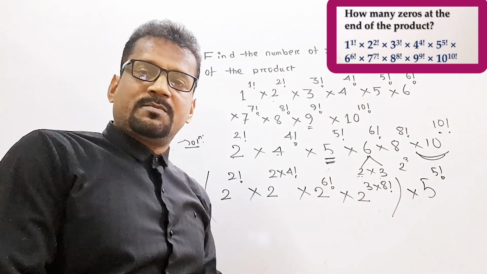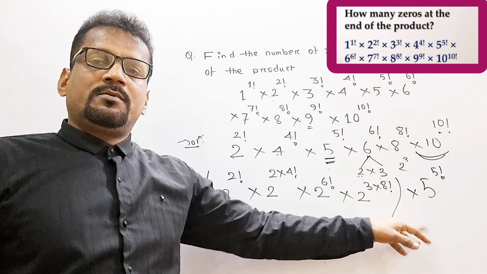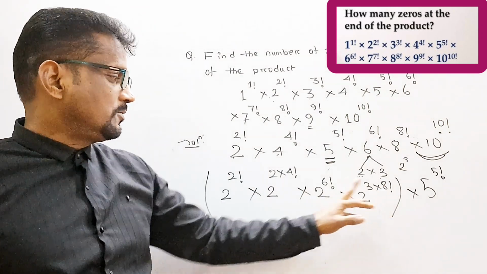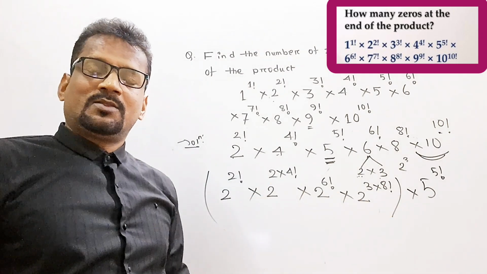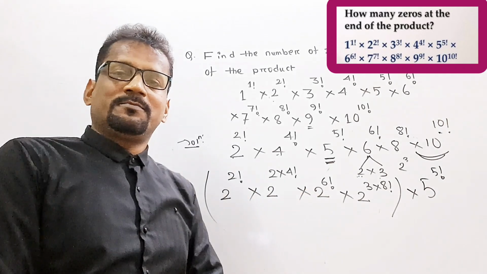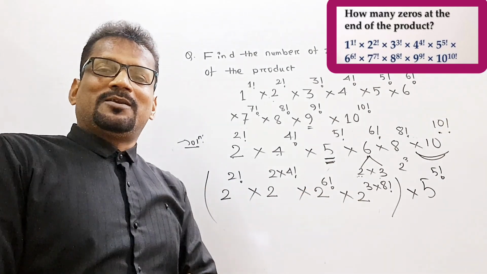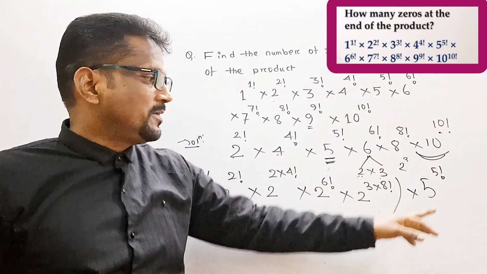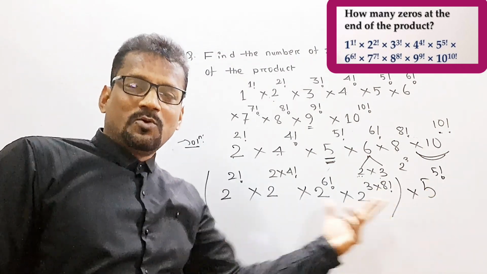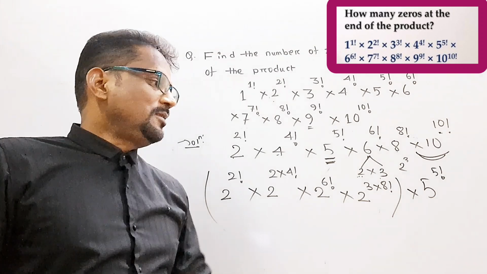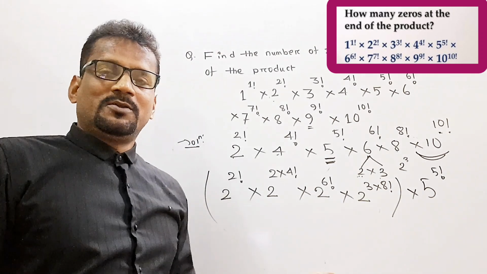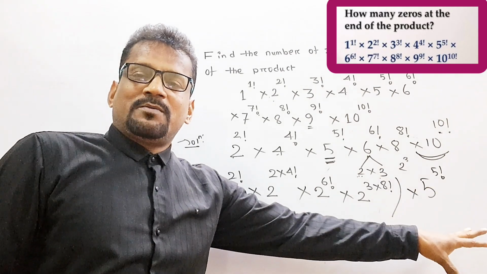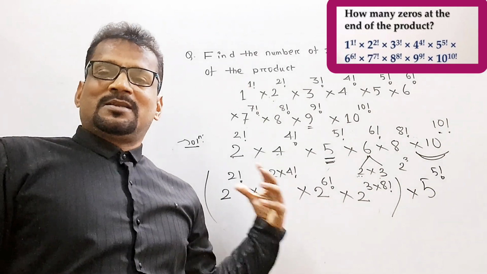And you just remember, the number of 5's is always smaller than the number of 2's. Here you can see it is 8 factorial, 4 factorial. So if I combine 2 and 5, how many pairs of 2 and 5 will there be? Definitely factorial 5, because more 2's are there in comparison to 5. Simply we can say, if there are 20 5's, then there are 60 2's, like this.